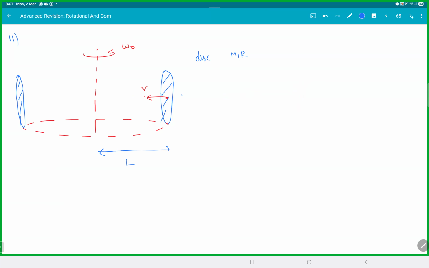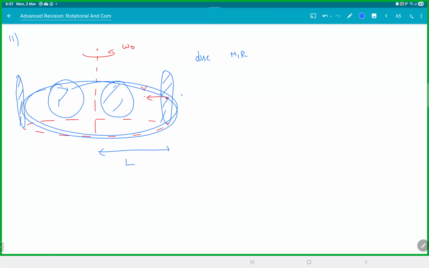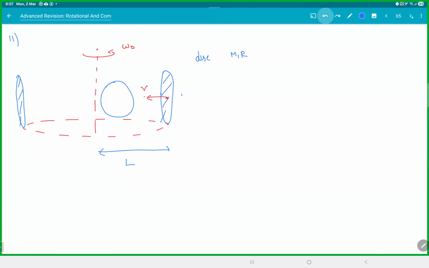Are you able to visualize how the picture is? So the wheel is rolling on this. So then it is turning here and it is going like this. All sure with this, the picture? Find omega of the disk and alpha of the disk.